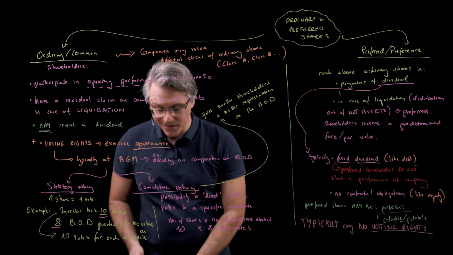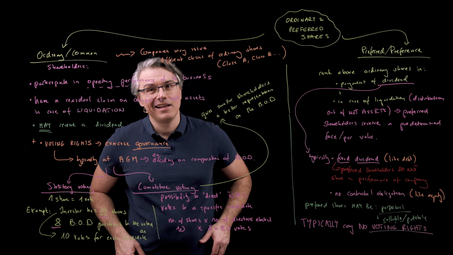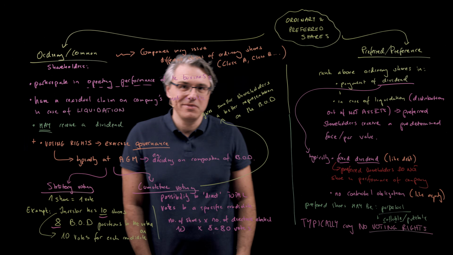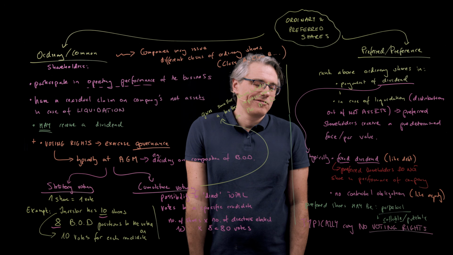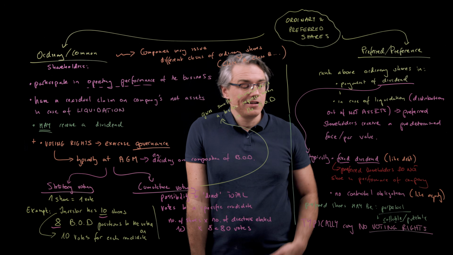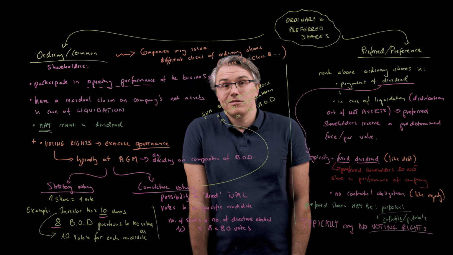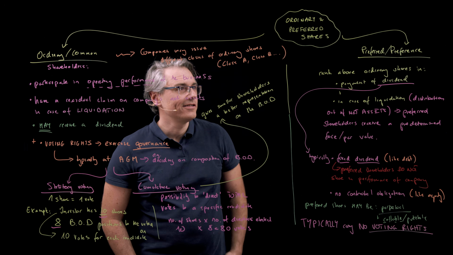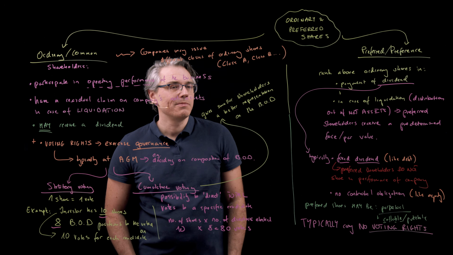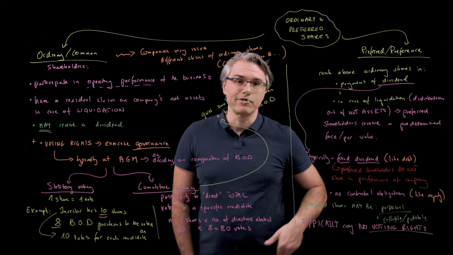If you're a debt holder, you don't really have much of a say in how the company is run, unless you're a bank and you've given a big loan to a company, and you may influence certain operating decisions of the borrower. Nevertheless, in terms of securities, holders of debt securities don't exercise governance, and holders of preferred shares typically have no voting rights. They've got a special fixed dividend, but no voting rights.